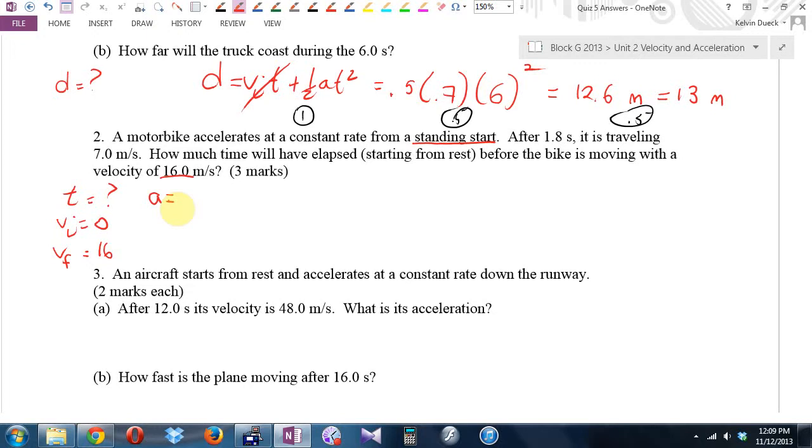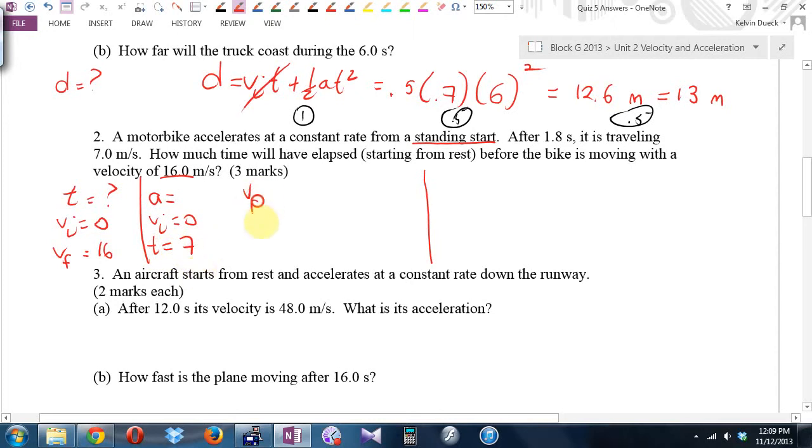I think I'm going to spend some time finding acceleration when VI is 0, and apparently when time is 7 seconds, and V final is, time is 7 seconds, Mr. Dueck. Time is 1.8 seconds. Look at units, Dueck. Shut up. 1.8 seconds, and V final is 7.